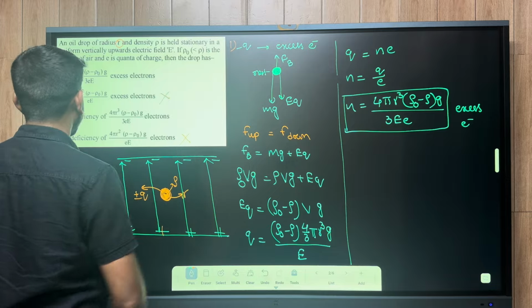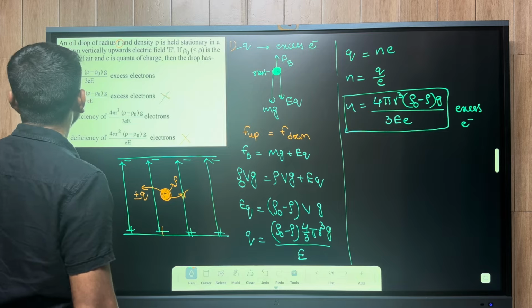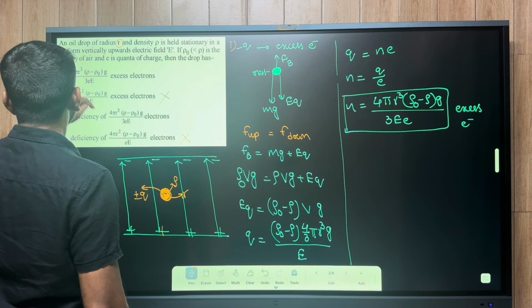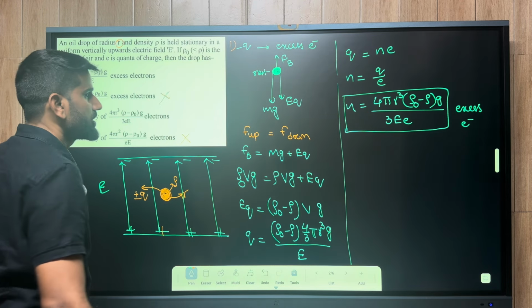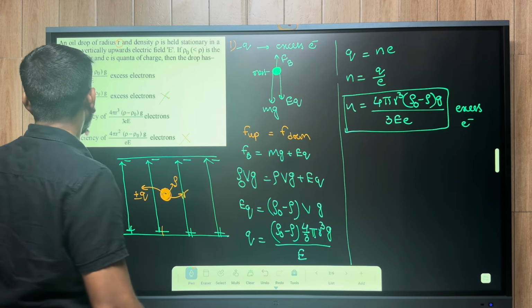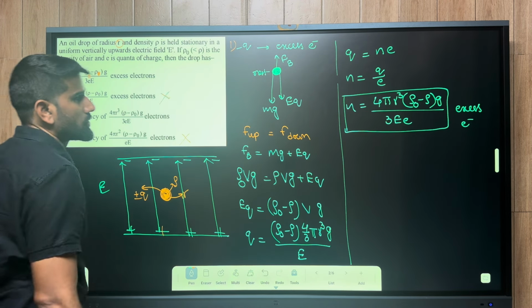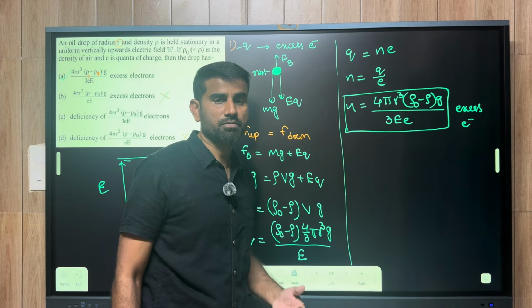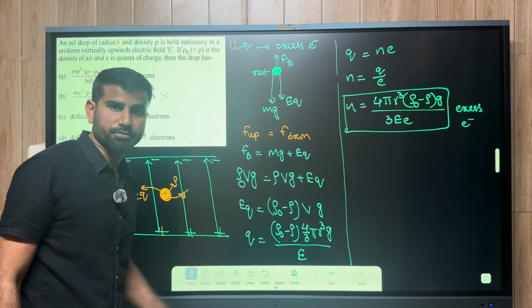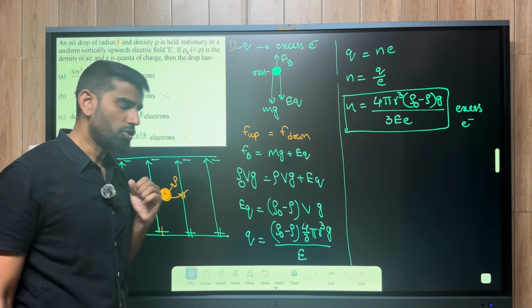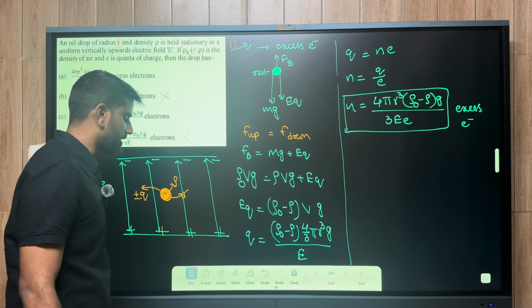This is also wrong, deficiency. So excess electrons means this one is correct. But there is an issue. Here we should have rho naught, and here we should have rho, for the oil drop to be negative. Clear? Right? Okay. Now let's look at the second case.